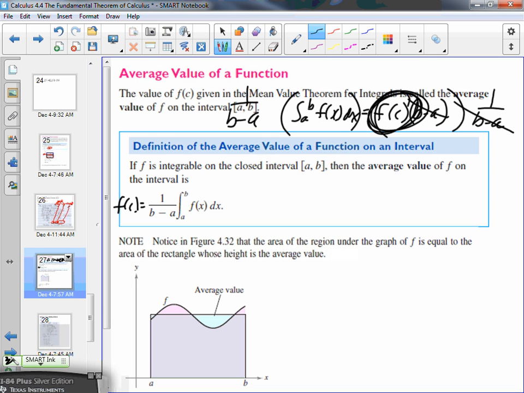Y'all with me? The rectangle that has the exact same area as the region has, its height is the average value of that function. Now, talking about any of this on anything other than a closed interval doesn't make any sense, does it? We don't have areas unless we have closed intervals. So all of that's on the interval from a to b. Question?